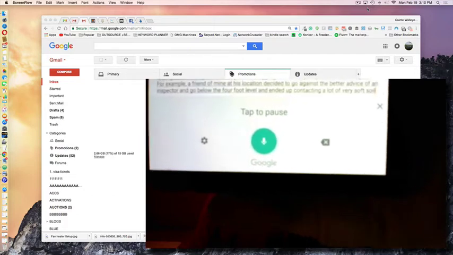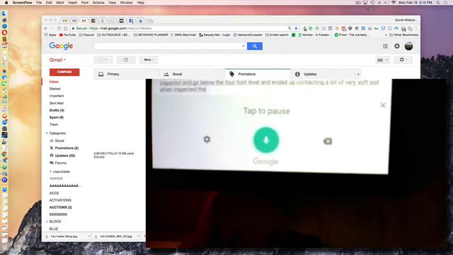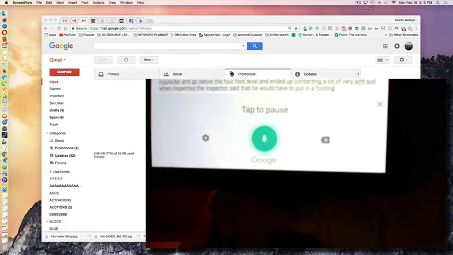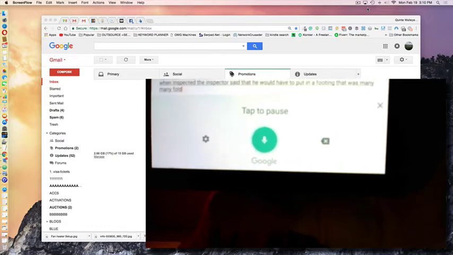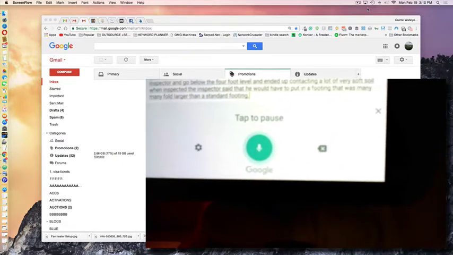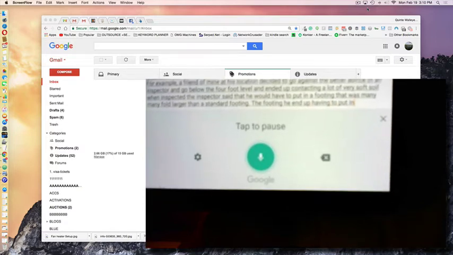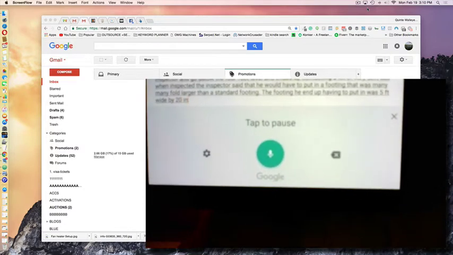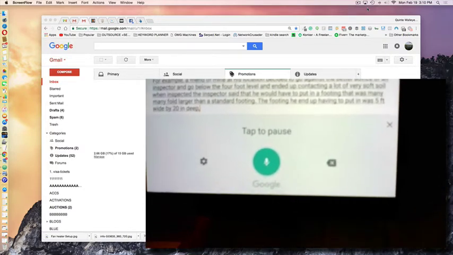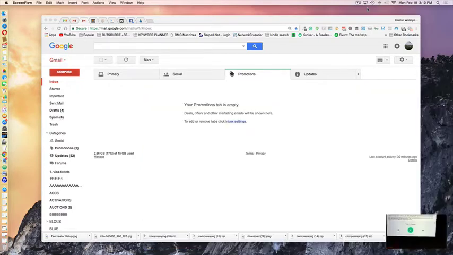When inspected, the inspector said that he would have to put in a footing that was many, many fold larger than a standard footing, period. The footing he ended up having to put in was 5 feet wide by 20 inches deep, which is far in excess of a standard footing, period.